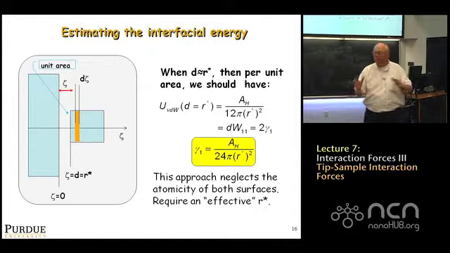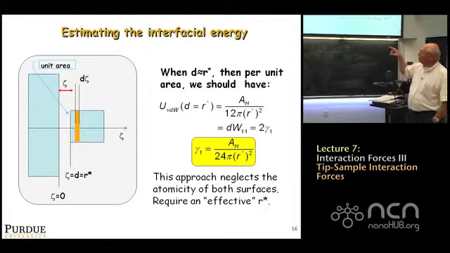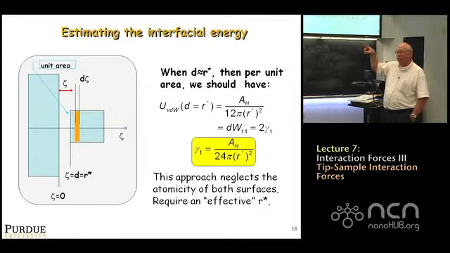So there's probably going to be an effective R star. It's probably not going to be the lattice constant, the separation between atoms, in either the substrate or the tip. It's probably going to be an effective number, which is difficult to know from first principles. But the point is, this Hamaker constant A sub h is related to something that we think we know reasonably well, something easy to measure in labs.